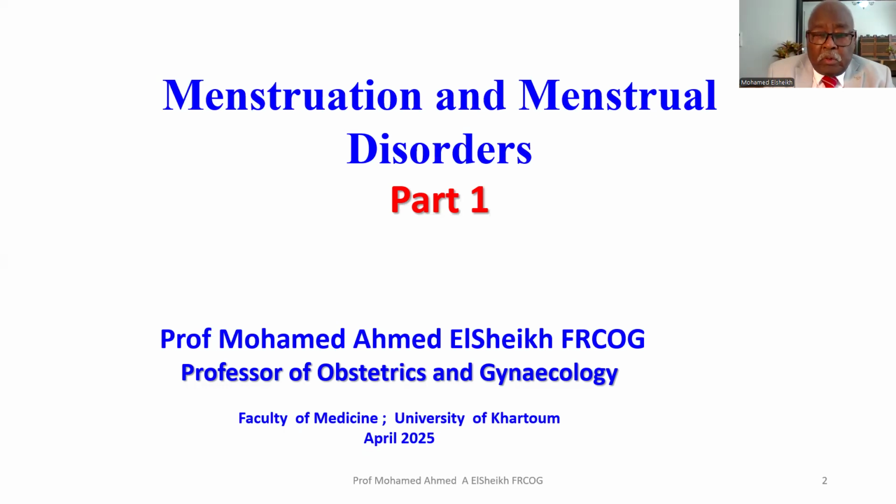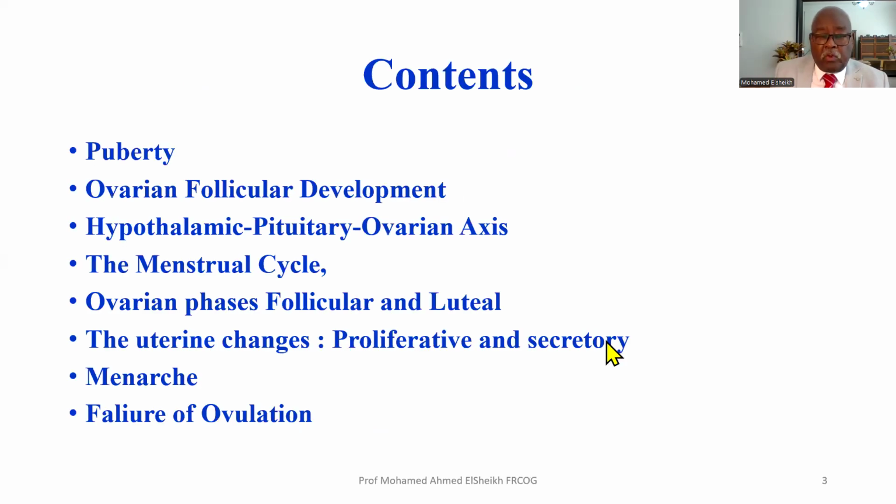Today we are going to talk about menstruation, normal and menstrual disorders or disturbances. That will be in two parts. We'll start with part one, which shows the contents of the talk: puberty, then ovarian follicular development, then the hypothalamic pituitary ovarian axis and its role.